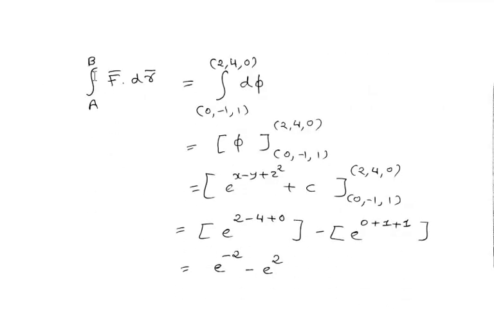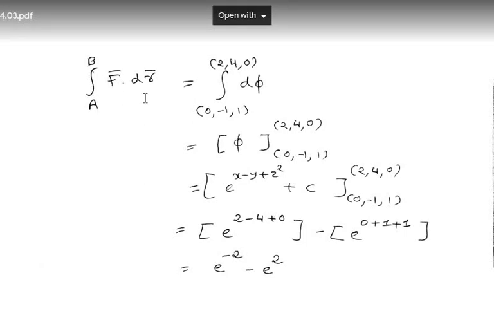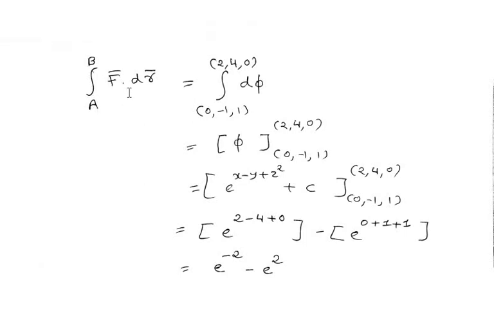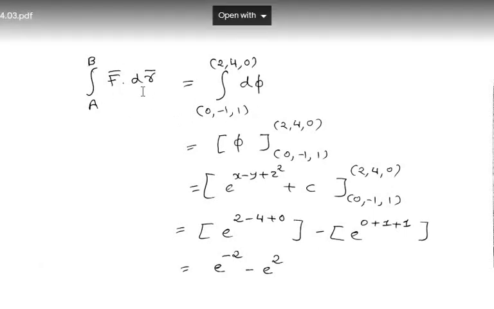Now we have to find out the value of the integration. The integration is from a to b f bar dot dr bar, and f bar dot dr bar is nothing but d phi, as the given integration is independent of path, right? So f bar dot dr bar is nothing but f1 dx plus f2 dy plus f3 dz, and that is equals to d phi.